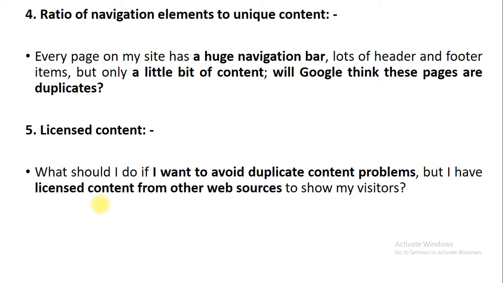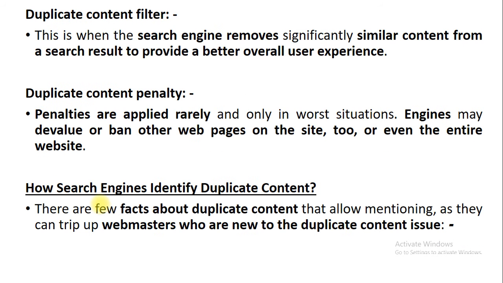So what should I do if I want to avoid duplicate content problems, but I have licensed content from other web sources to show my visitors? So these are all the points related to how search engines identify duplicate content.